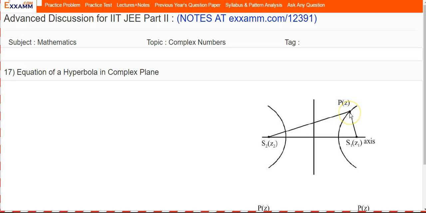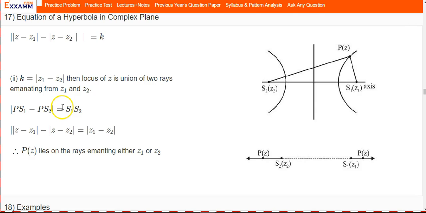So the difference of these distances, PS which is modulus of z minus z2, and modulus of z minus z1, has to be constant. It means that the equation of the hyperbola would become modulus of the difference between modulus of z minus z1 and modulus of z minus z2 equals k.